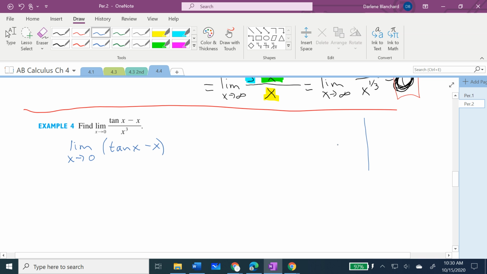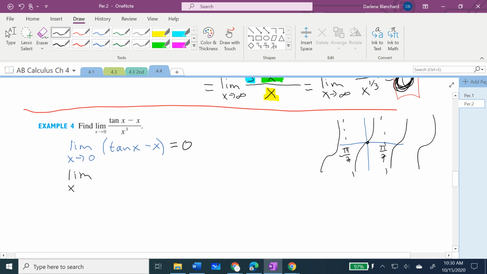So I'm going to do a real quick drawing of a tangent graph. You should recall that it goes through the origin and it goes wee, wee, wee, wee. Every n pi over 2. Okay, so tangent of 0 is 0, 0 minus 0 is 0, 0 it is.